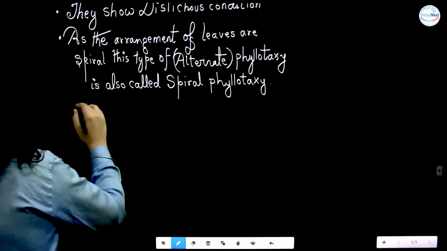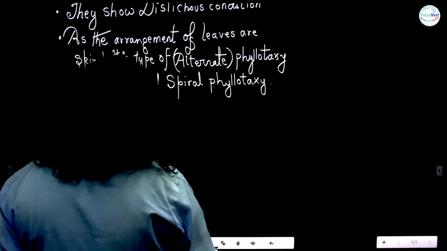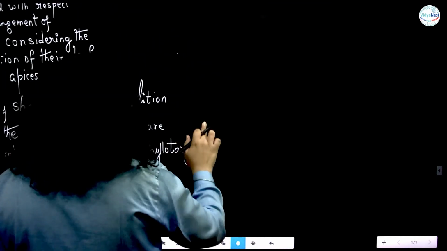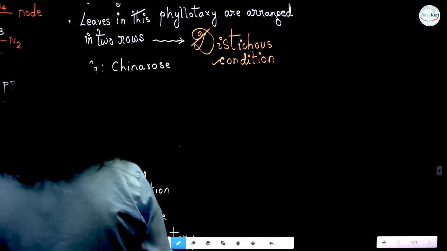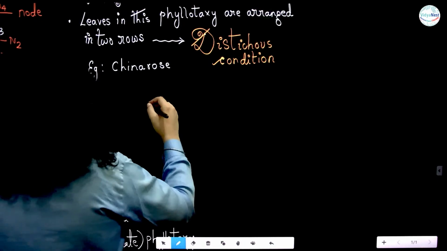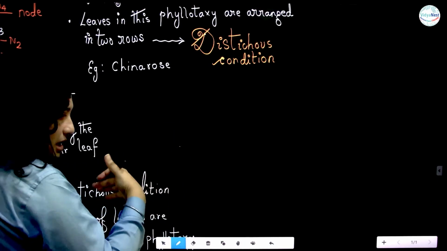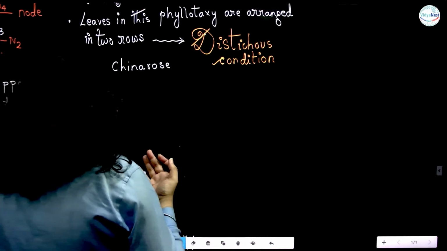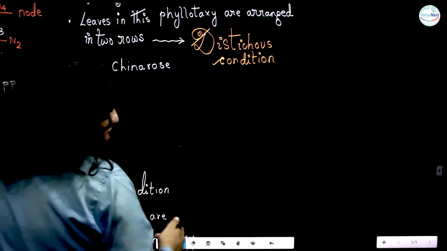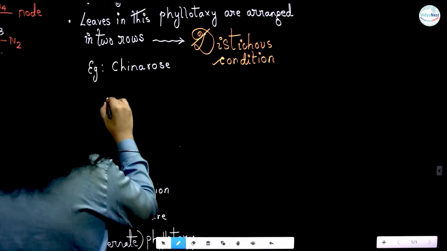And here a point which is important is that this type of phyllotaxy is the most evolutionarily advanced phyllotaxy. If we compare other phyllotaxies, we will see that this is the most evolutionarily advanced type of phyllotaxy. So let me write this point also.